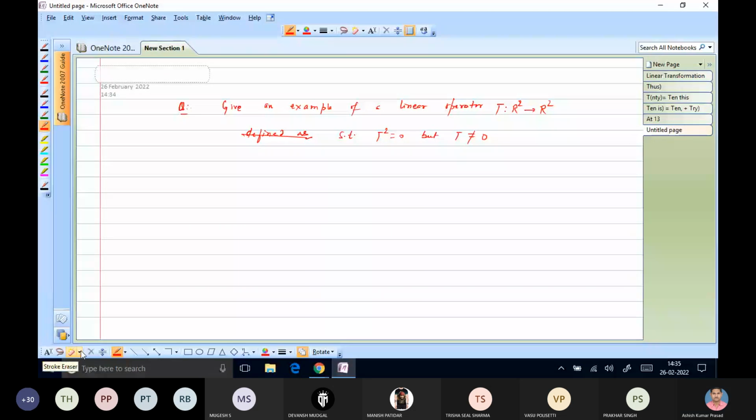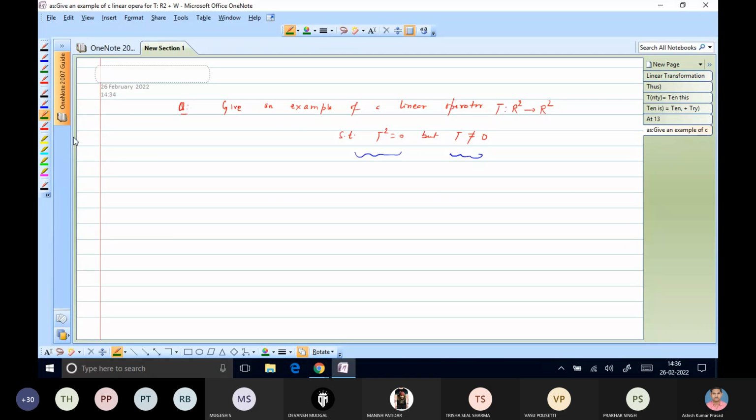Can you guess how it can be? Can you guess how T square is 0 but T is not 0? Anyone? Anything in mind? We can solve this type of problem.